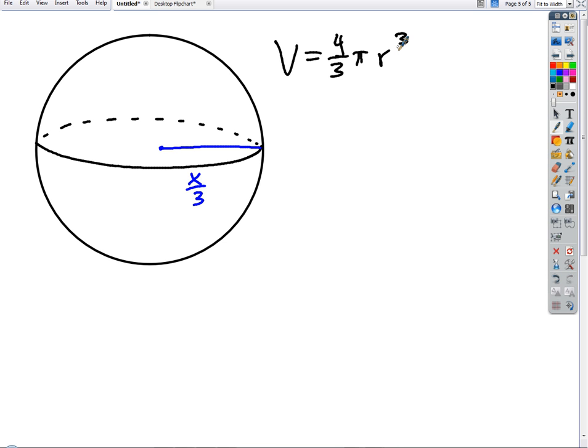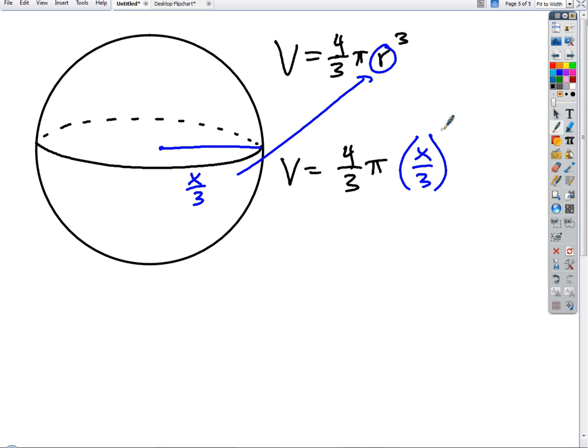Yeah, x over 3 is going in there, right? Agreed? So then my volume is going to look like 4/3 times pi times x over 3 cubed. Okay, so what's the property of exponents that we use here?